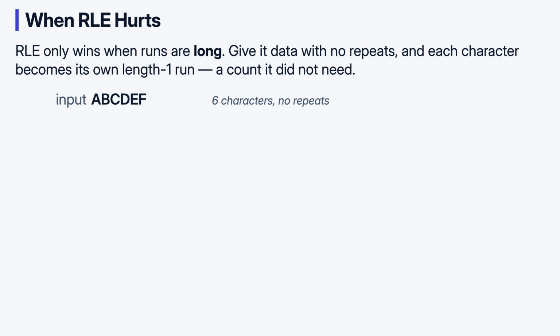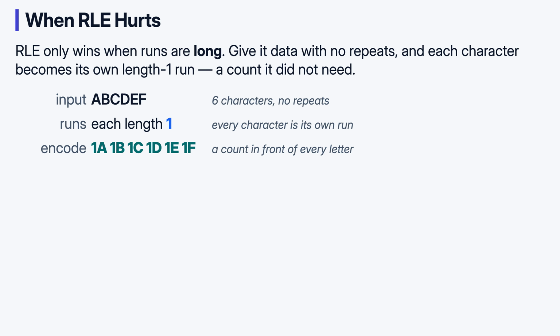Run-length encoding only wins when the runs are long. Hand it data with no repeats and it backfires. Take the 6 letters A, B, C, D, E, F, 6 characters, no repeats. Each letter stands alone, so every run has length 1.